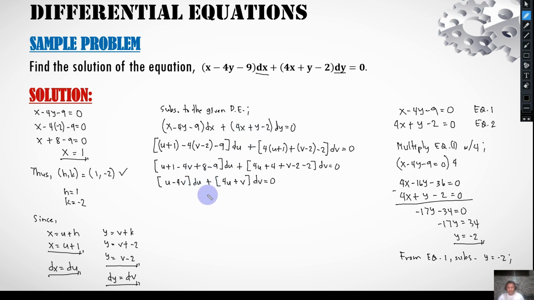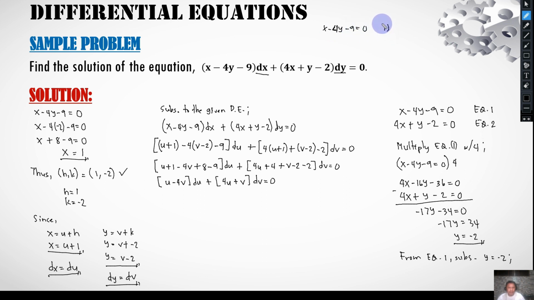So by this, we are going to denote this one as your equation 3. So we just write this one here. Baka mag-erase tayo dito. So itong equation natin, so we have x minus 4y minus 9 is equal to 0.